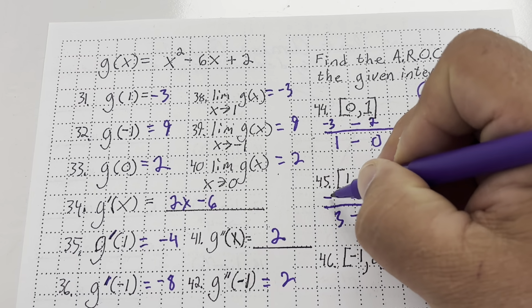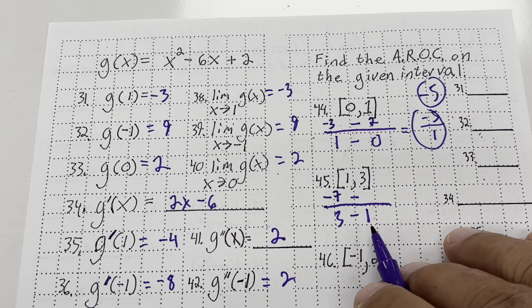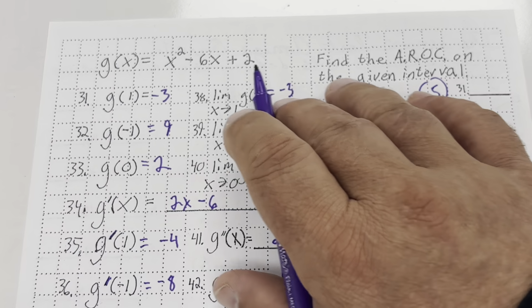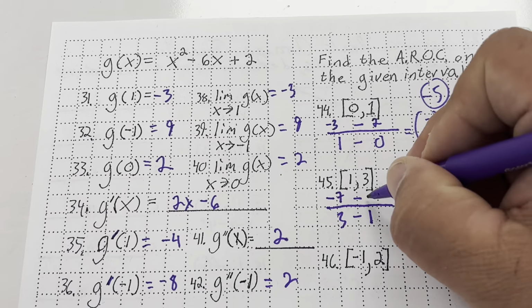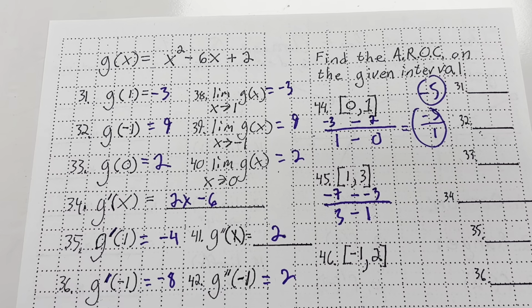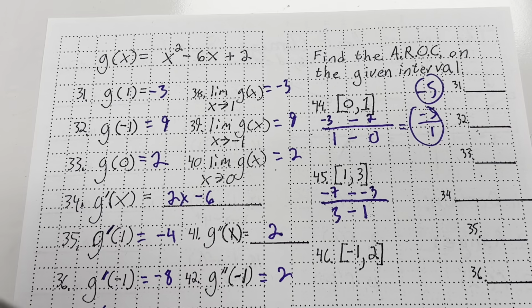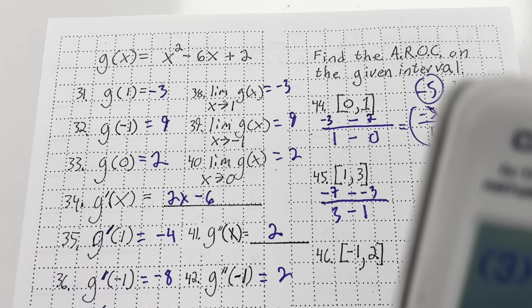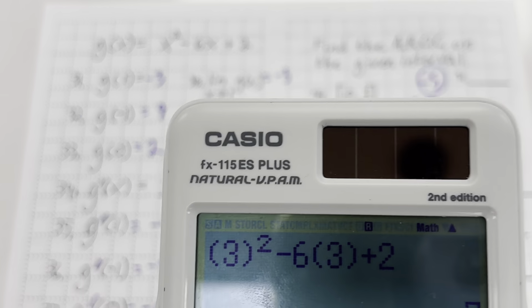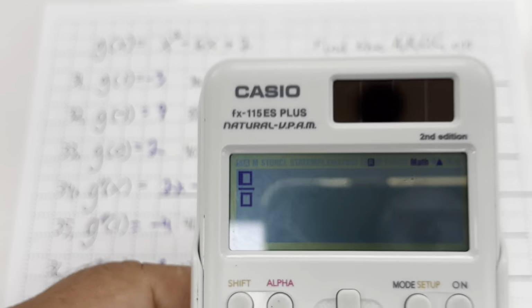So negative 7 goes on the top. I'm asked to plug in 1 to that original function. And I've already plugged in 1. That would be negative 3. So our arithmetic is going to be negative 7 plus 3 over 3 minus 1. We can do that in its entirety using the fraction button on the calculator.